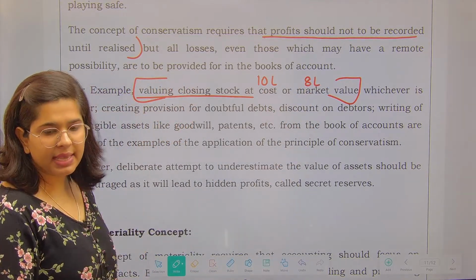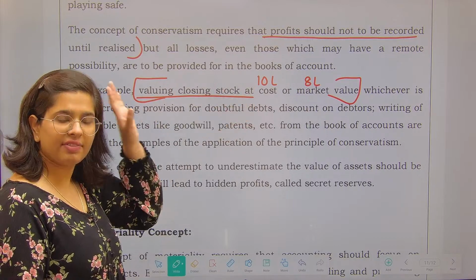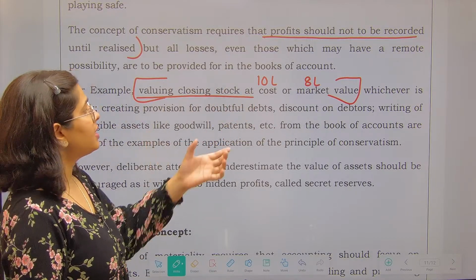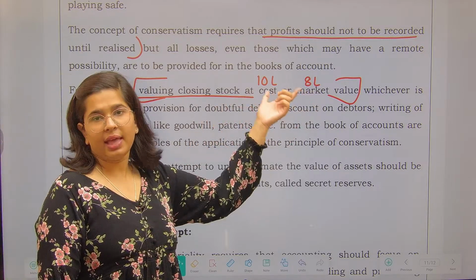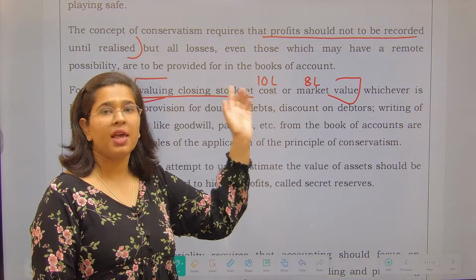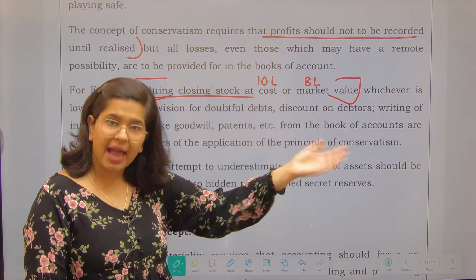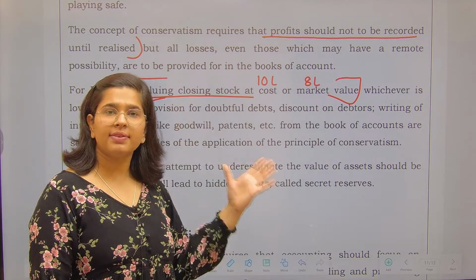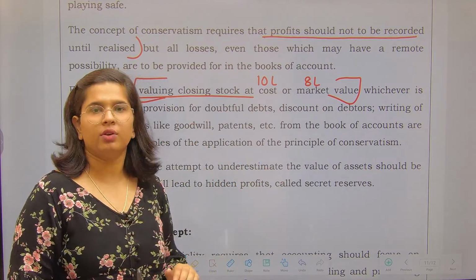So the principle says that 10 lakhs or 8 lakhs, whichever is lower, that means I will record at 8 lakhs. Why? Because market value itni kam hai, it means I have incurred a loss of 2 lakhs. When I will be selling this stock, actually I will incur a loss of 2 lakhs. So conservatism says पहले ही record कर लो.